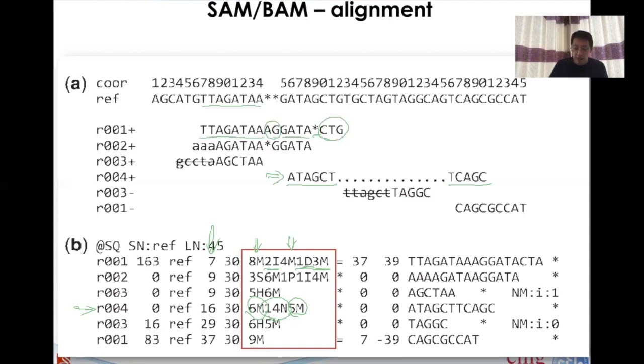If we see a really large N here, that is the indication that this is an RNA sequencing read, and the middle part is the junction. Again, the definition was given in the previous slides. If you're interested, you can learn a little more detail about that.